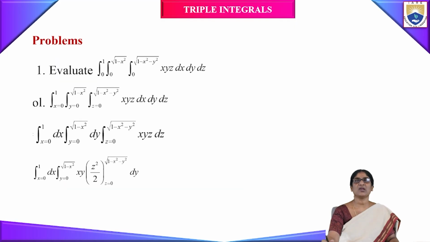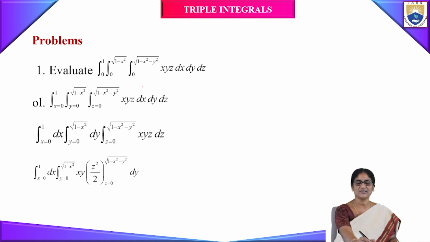Now, let us take one example of how to solve a triple integration. Evaluate the integral of 0 to 1, 0 to root of 1 minus x square, and 0 to root of 1 minus x square minus y square, of xyz dx dy dz. That's the question. In order to do this triple integral, first we need to see the variable limits given here.